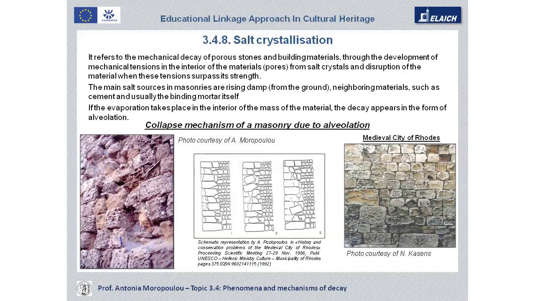In the question why should salt crystallization develop collapse mechanisms within the masonry, we can answer with these images. In the medieval city of Rhodes again, we can see that the salt crystallized within the very porous calcitic stones is disaggregating, disrupting the material when the tension is overpassing the strength of the stone, and is developing this honeycomb structure of the materials.